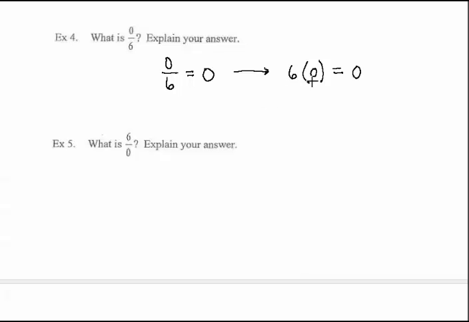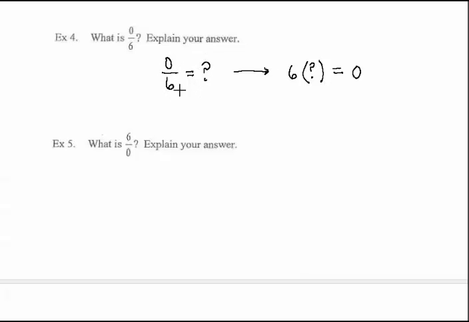Okay, so in other words, this is asking the question, what number here, and that's to say if we didn't know what number that was, we just put a question mark there, and then we went over here and we took out that 0 and put a question mark. What number do we multiply by 6 and get 0?